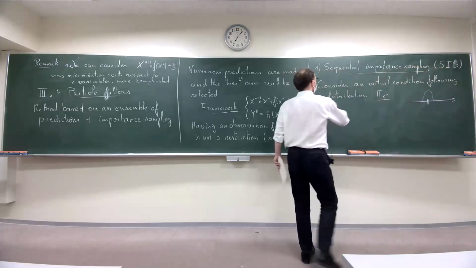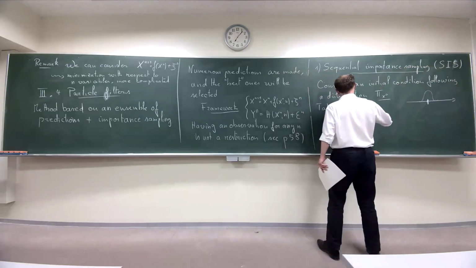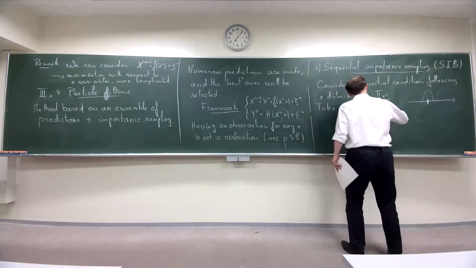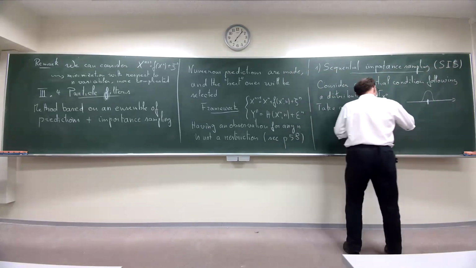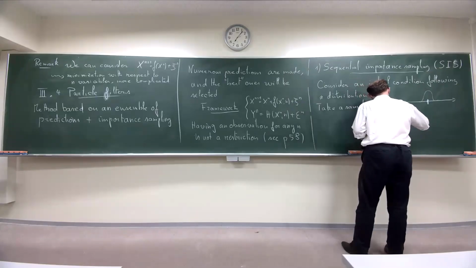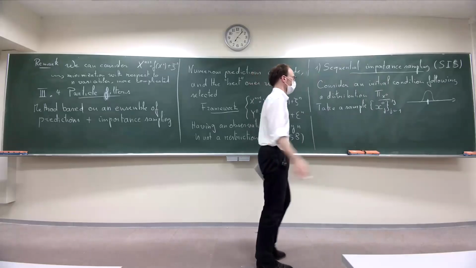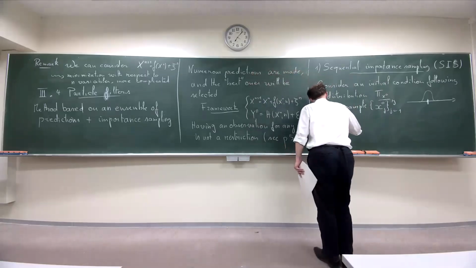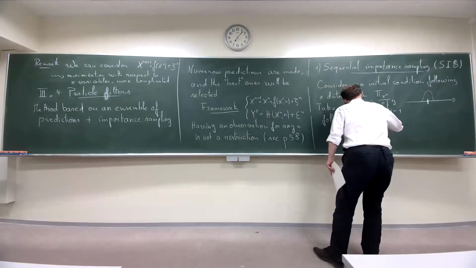And then you take a sample. So I take x0^j for j from 1 up to a certain number J, which can be large. Take a sample x0 following this distribution.